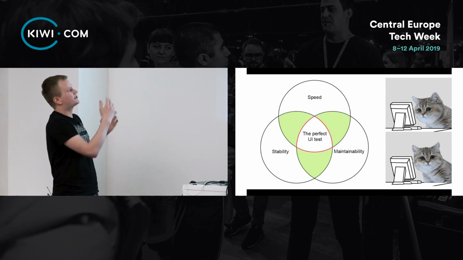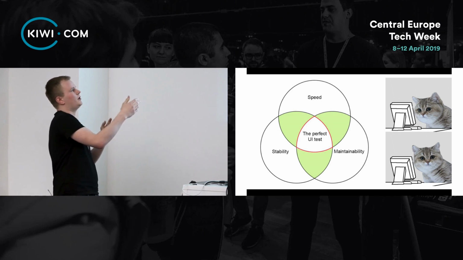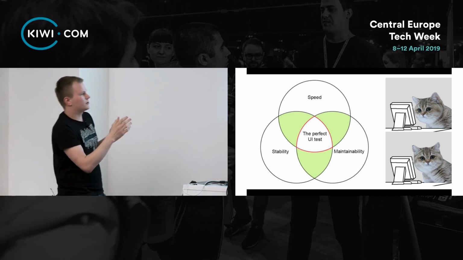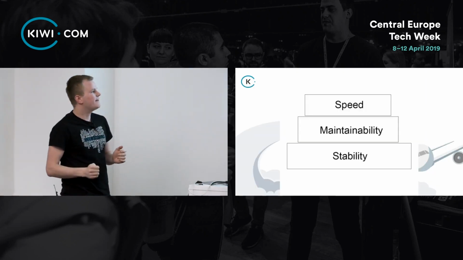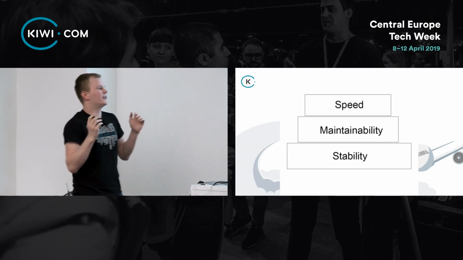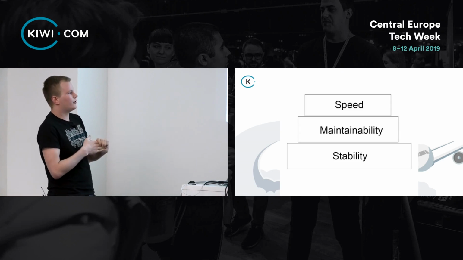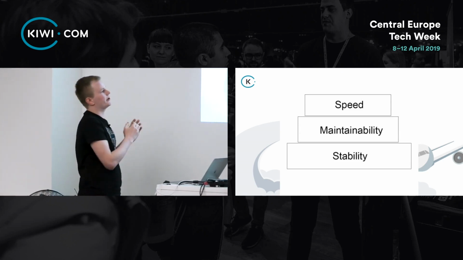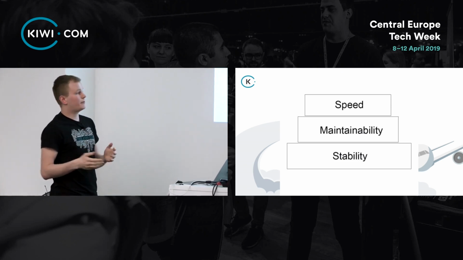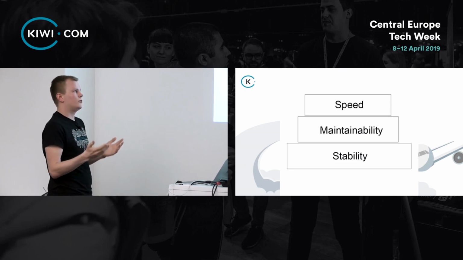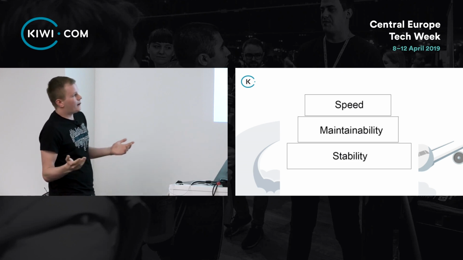You cannot really have a stable and fast test without being maintainable. You can't really have a maintainable and fast test without being stable. So I threw this in the trash and drew this. So again, your test should be stable, maintainable, and fast, with the priority being the stability, then the maintainability, and then the speed. Because if you have stable and maintainable tests, it's nice to have them fast, but you don't really need that.